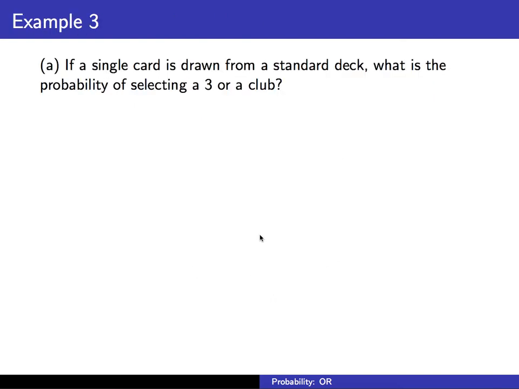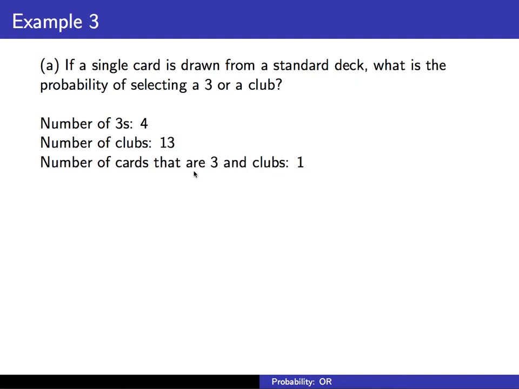All right, example 3. If a single card is drawn from a standard deck, what is the probability of selecting a 3 or a club? So the number of 3s, we have 4 of them. We have a 3 of clubs, hearts, diamonds, and spades. We have 13 total clubs, but we have 1 that is in both groups, the 3 of clubs. So the 3 of clubs card would be counted twice, once for being a 3 and a second time for being a club.